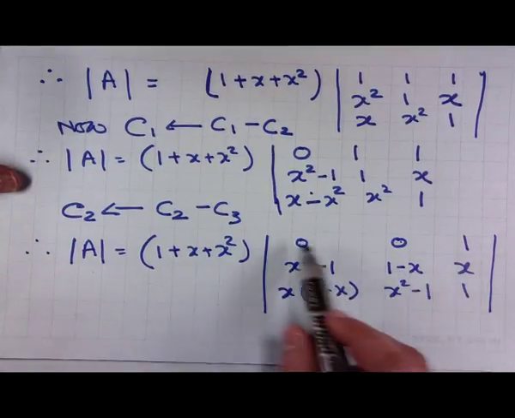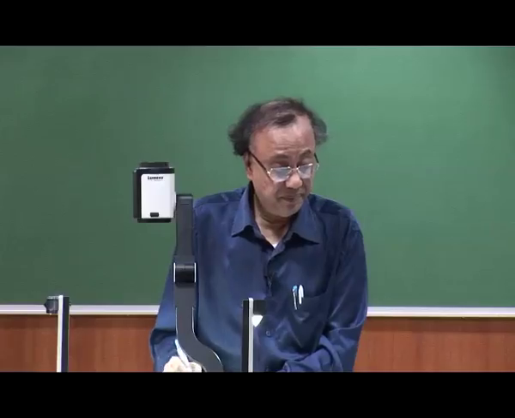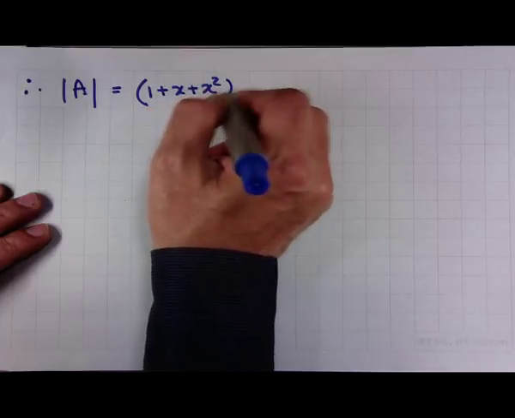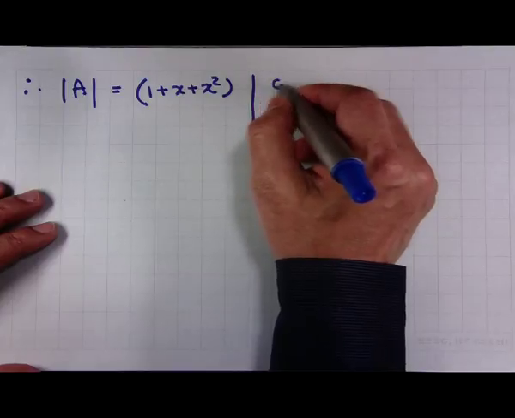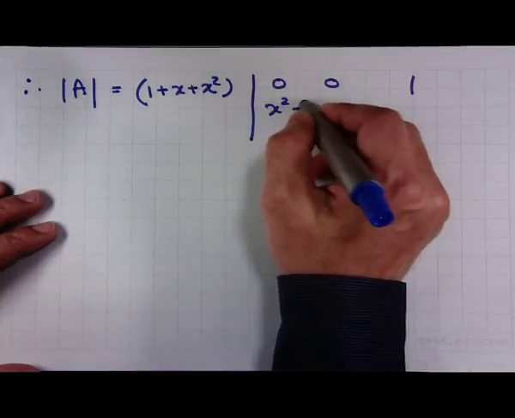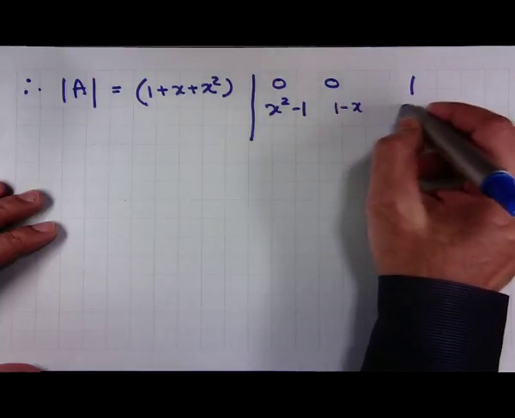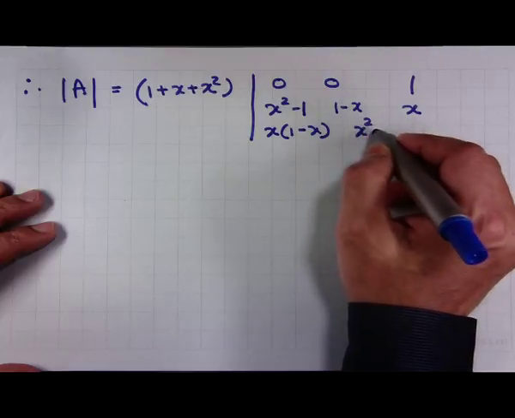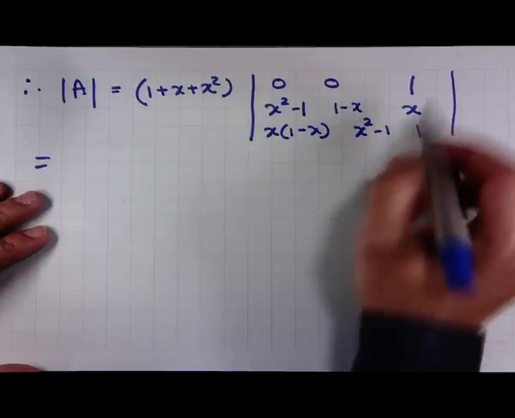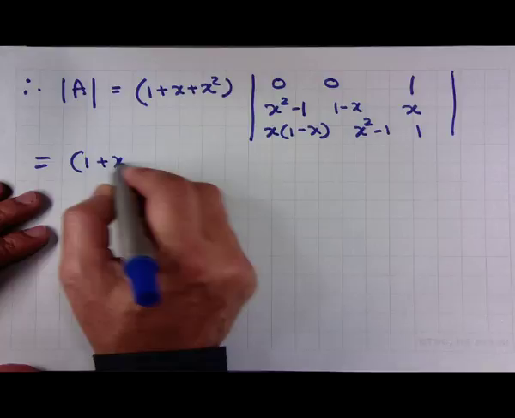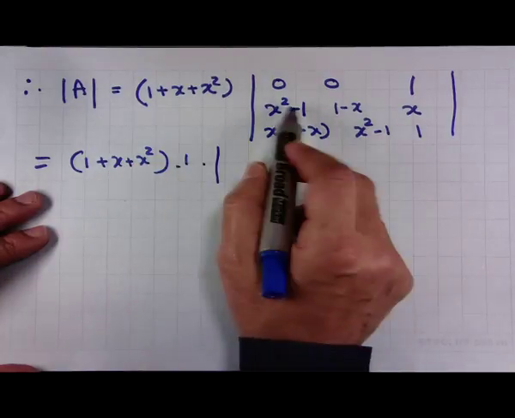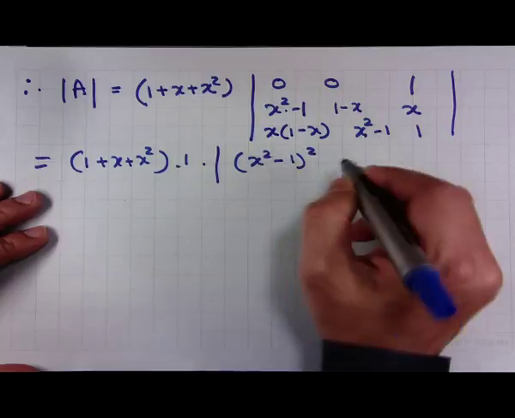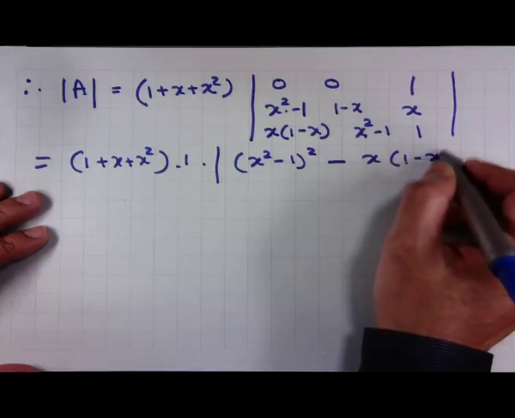Therefore, if I now expand along row 1, I get that the determinant of A is equal to 1 plus x square into 1 times the determinant of the remaining 2 by 2 matrix, which is this minus this, equal to x square minus 1 whole square minus x into 1 minus x whole square.